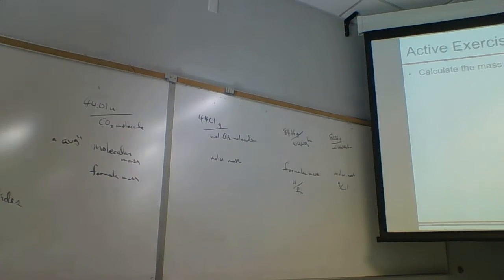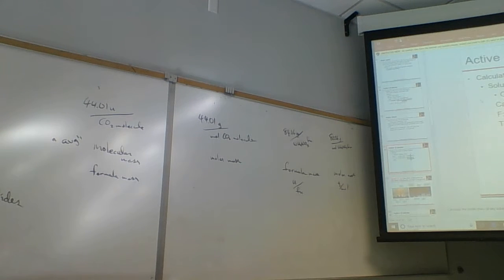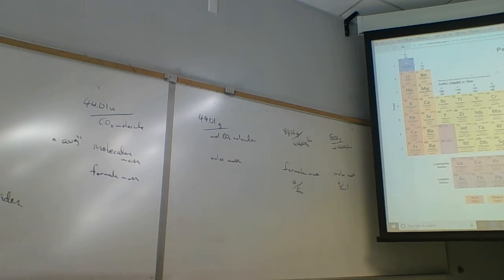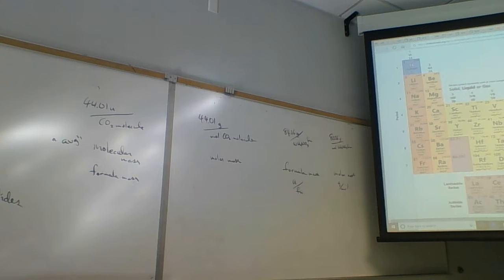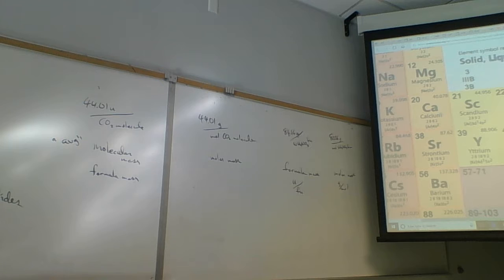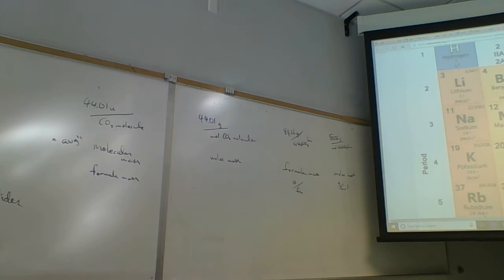All right, so calcium, I don't know the number for calcium, so let's take a look at the periodic table. Calcium is in the second column. The first column we call the alkali metals, the first family of elements. They all have somewhat similar properties, as do the second.